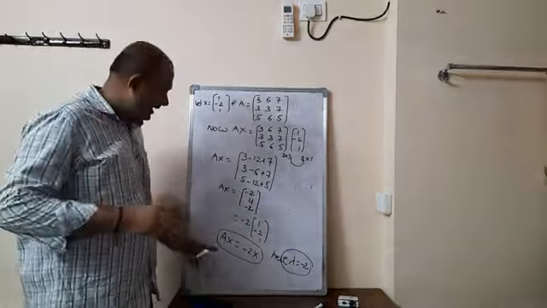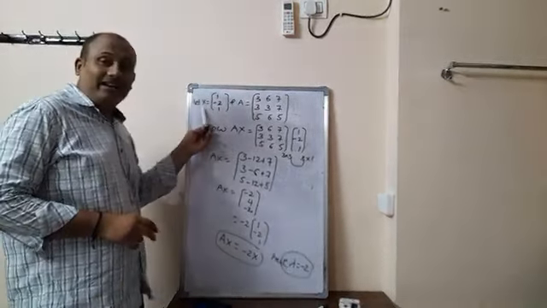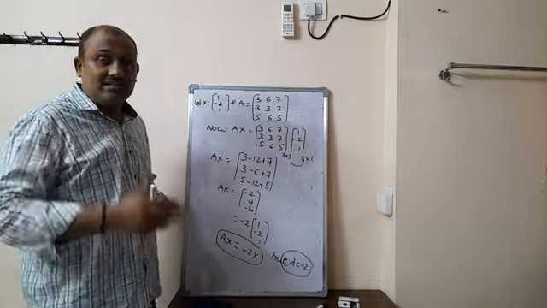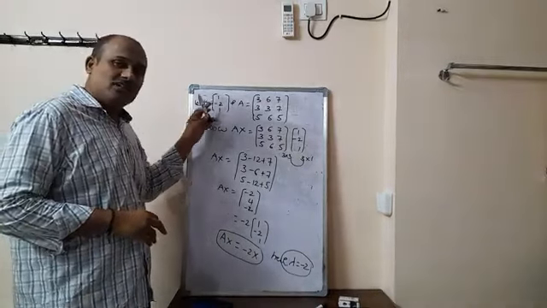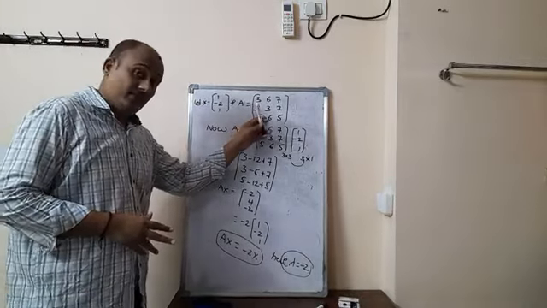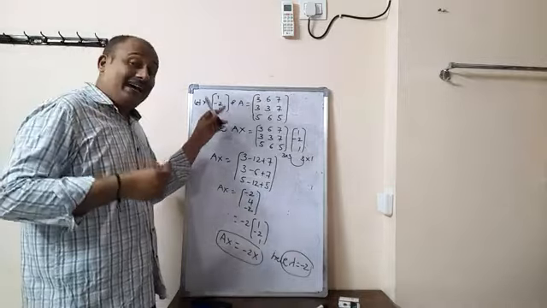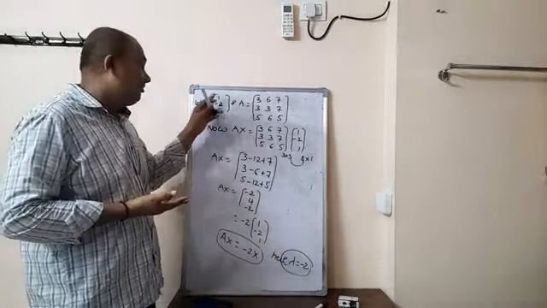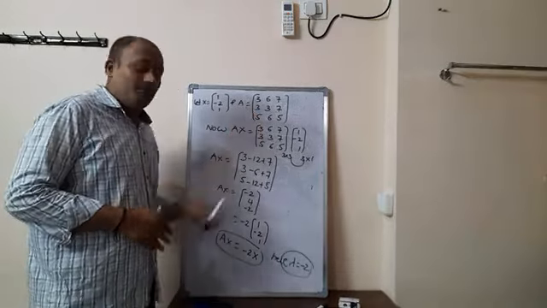Therefore, the given vector x, 1, minus 2, 1, is an eigenvector of the given matrix. Otherwise, characteristic vector also same. That is 1, minus 2, 1 is a characteristic vector of the matrix A.